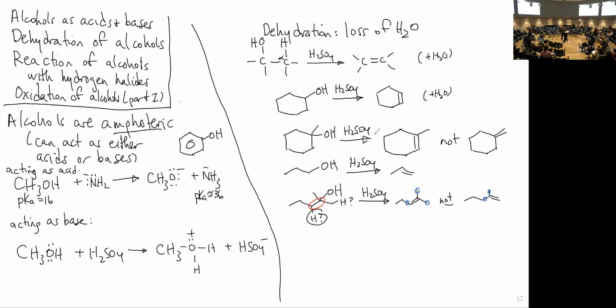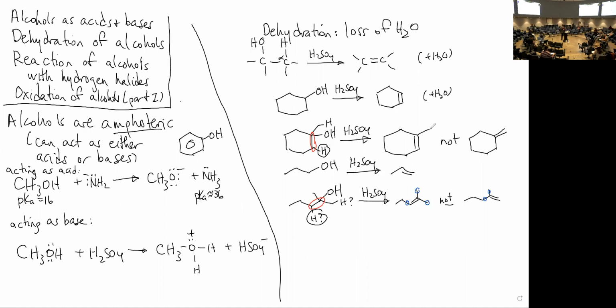So again, maybe let me actually draw in the H's in question. There's this one and there's that one. So the one that we're going to remove actually is this hydrogen. And we're going to form a double bond between those 2 carbons, not between those 2 carbons. So we'll remove this hydrogen and not that one.